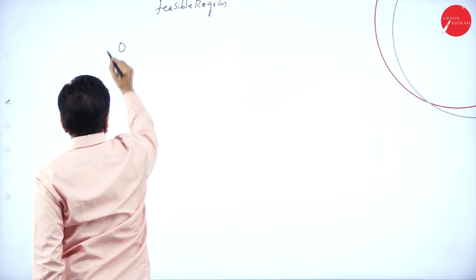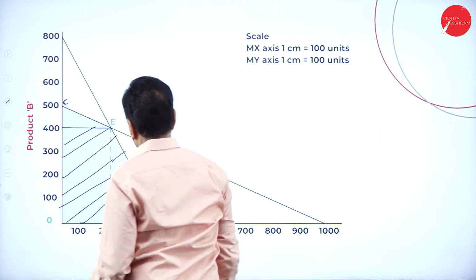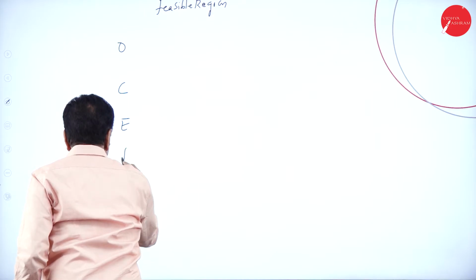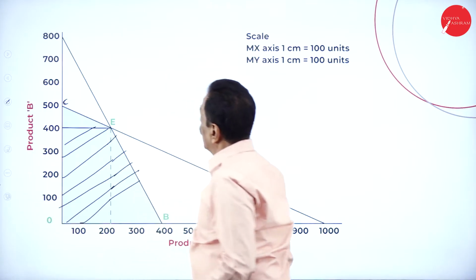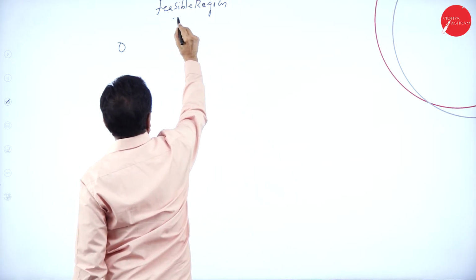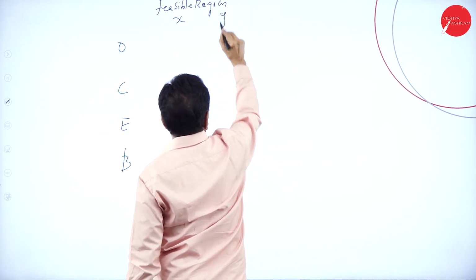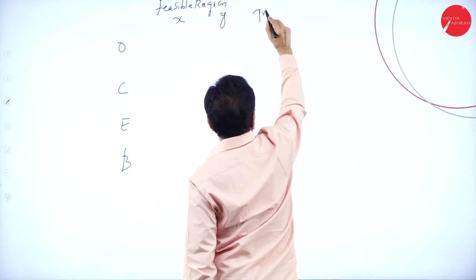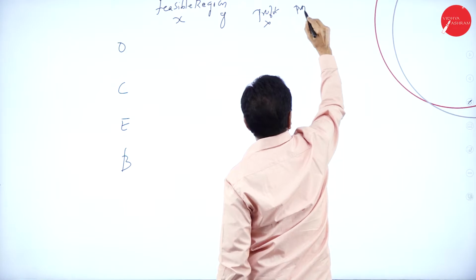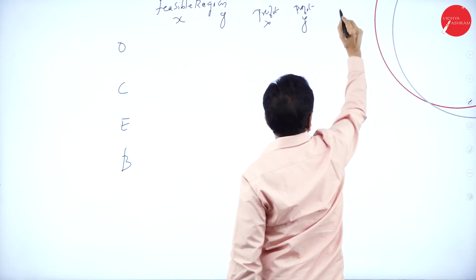O, C, E, B. And you got X unit, Y unit, profit of X, profit of Y, total.